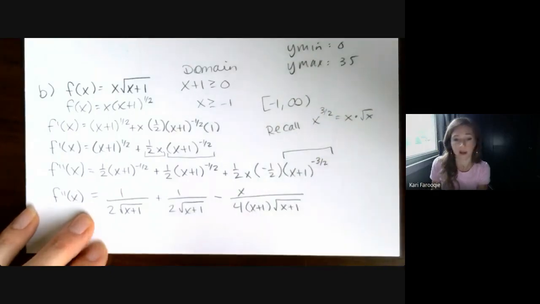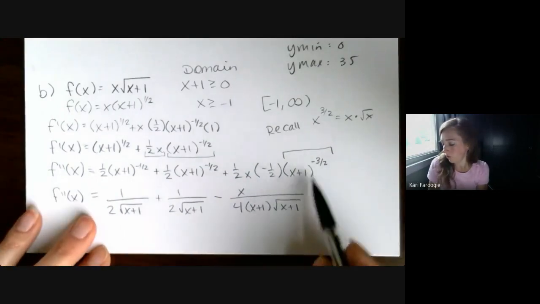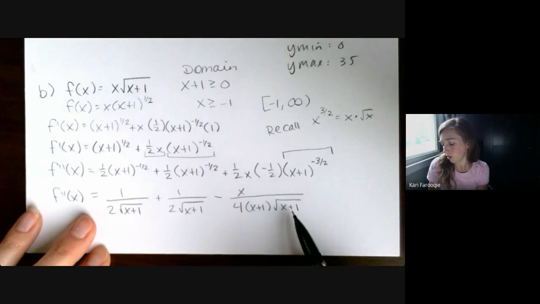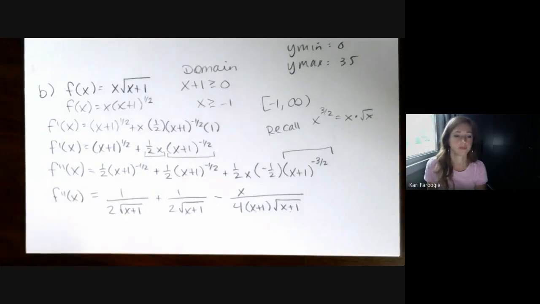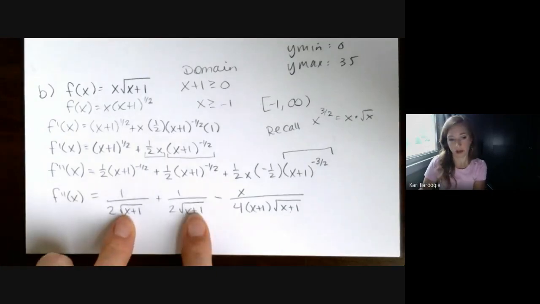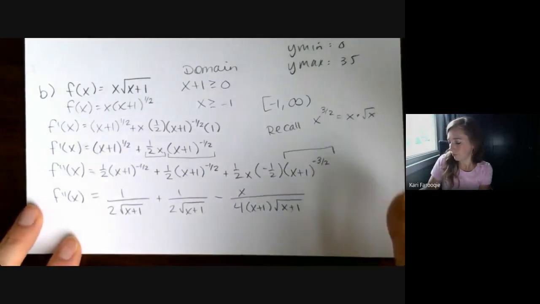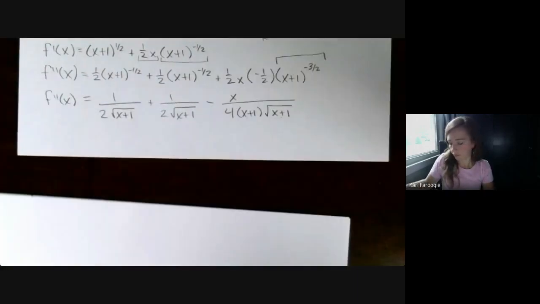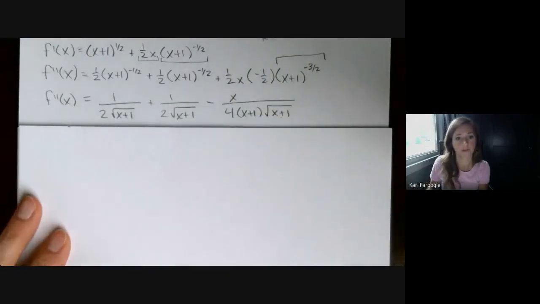And I'm just going to apply that here to the quantity x plus 1. So it's negative, so I'm moving it into the denominator and it becomes positive. 3/2 is just 1 and a half. And there are your 2/2. I'm going to combine this all into one fraction next. Before I do that, are there any questions?